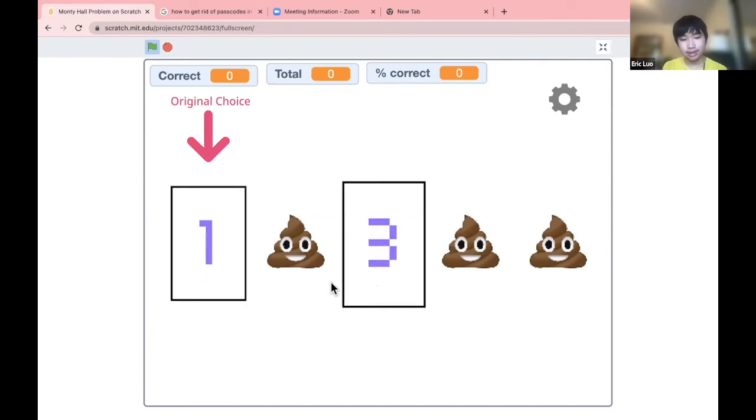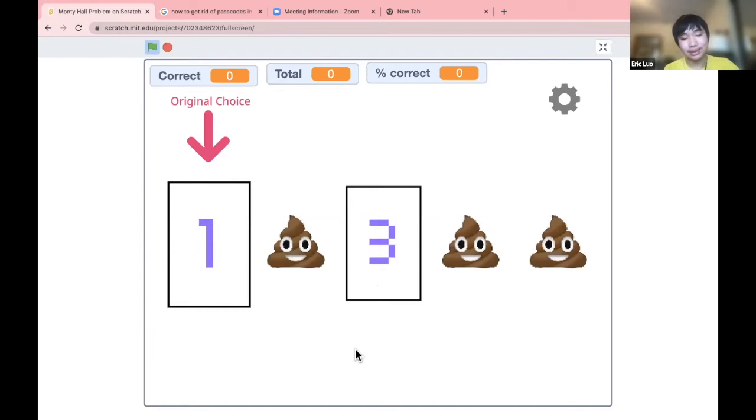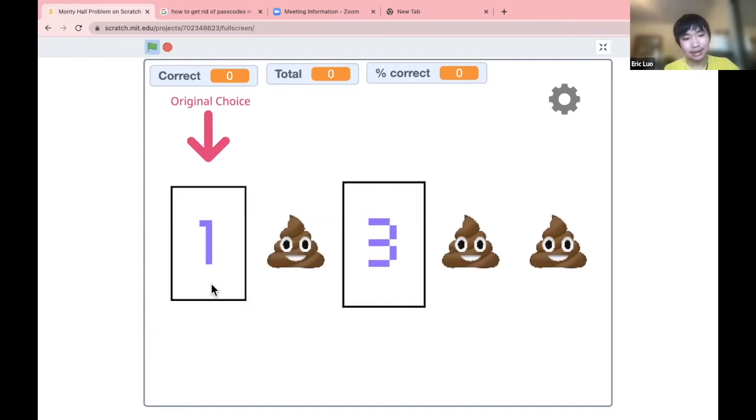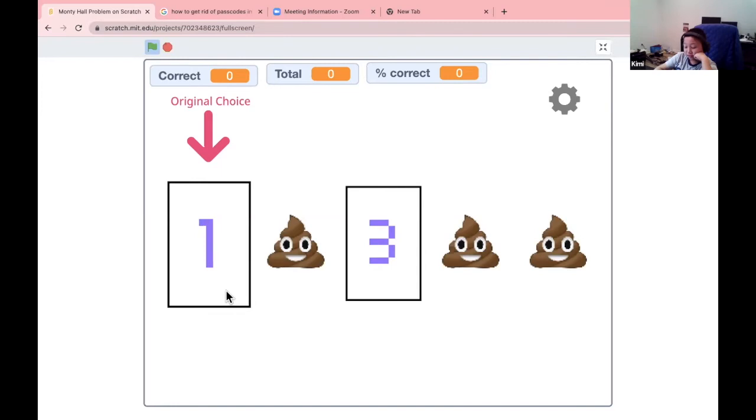Yeah, so can you explain why you thought it was a 1/5 or 4/5 chance of getting these doors in the first place? Because there's 5 doors, and we know that 4 doors are going to be poop. So probably only one of them is going to be a banana, and that's not really likely.